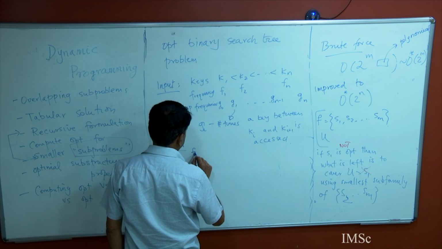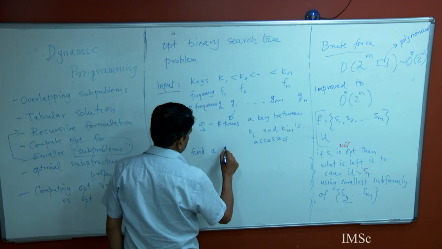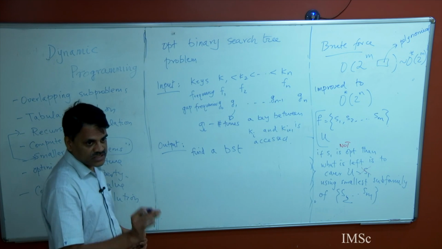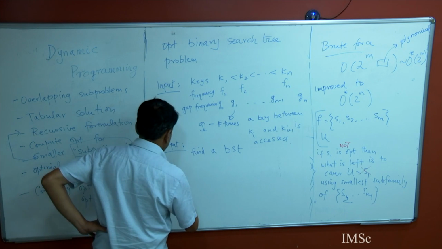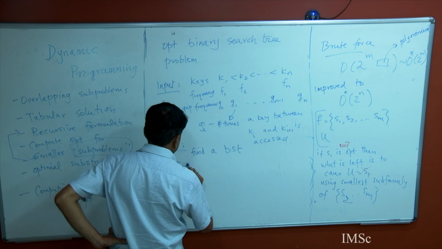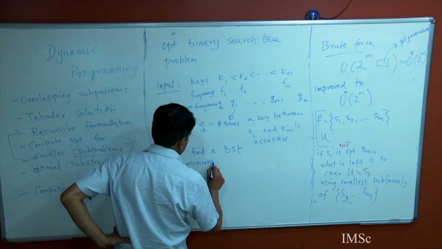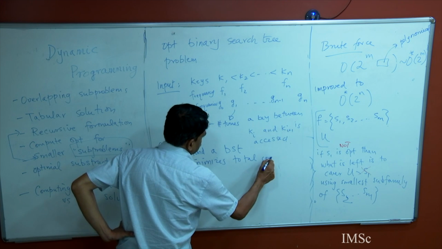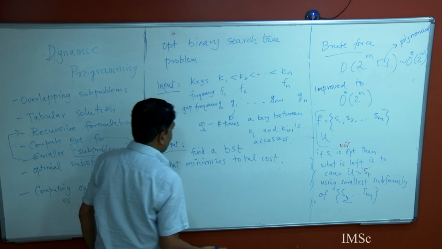So, find a binary search tree that minimizes the total cost. I do want a binary search tree because I am going to do search according to the binary search tree. And what is the cost?